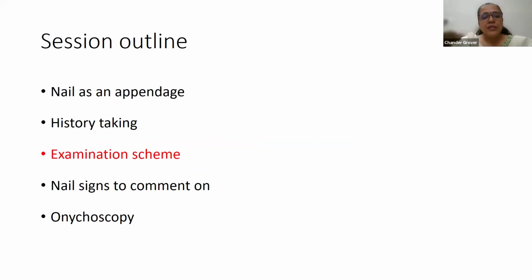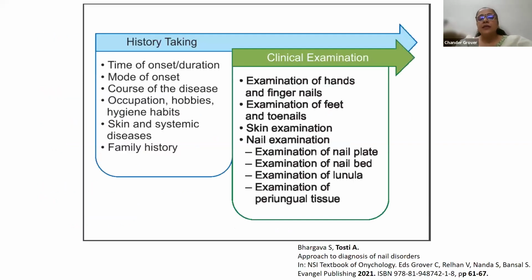Moving on to the examination scheme, how do you examine? Because I have twice told you now you have to examine 20 nails. Then I have told you there are so many parts to the nail. So there has to be a scheme to go about it. Because if you're not going about it systematically, then you are likely to miss one or the other thing. So clinical examination always moves from examination of hands and fingernails, then to feet and toenails, then skin, then detailed examination of the nail.